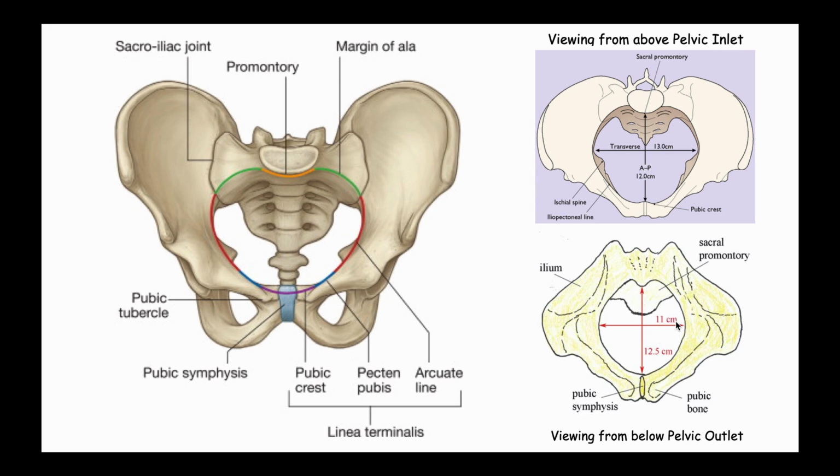So in order to fit through the pelvic outlet, whose widest dimension is 12.5 or 12 centimeters in the anterior posterior diameter, it is necessary for the fetus to rotate in order to present its head to the widest dimension of the pelvic outlet, so that it can be delivered.